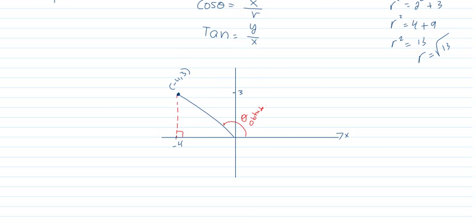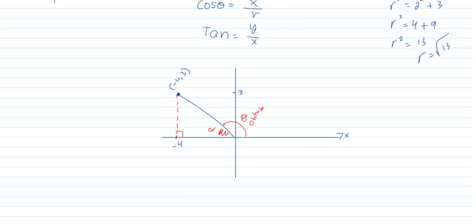Angle theta is not part of it, but we know that these two angles are, what do we call this angle right here? Angle alpha and angle theta. Just focus with me for a second. Theta and alpha, if I add them together, what are they going to give me? 180.